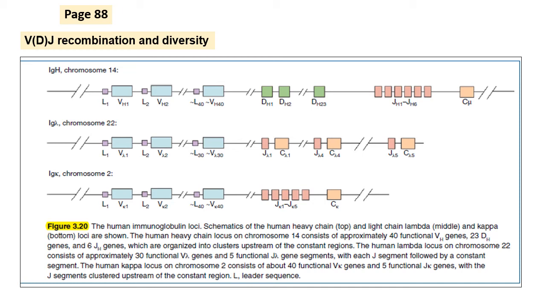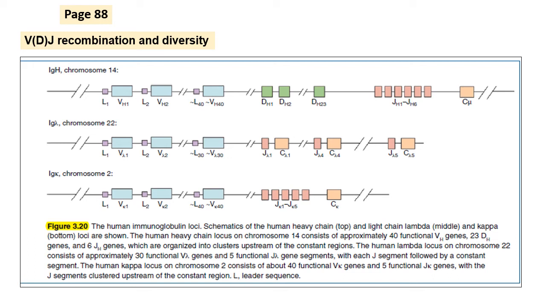As you can see in this figure, the genes coding for the immunoglobulin heavy chain are present on chromosome 14.